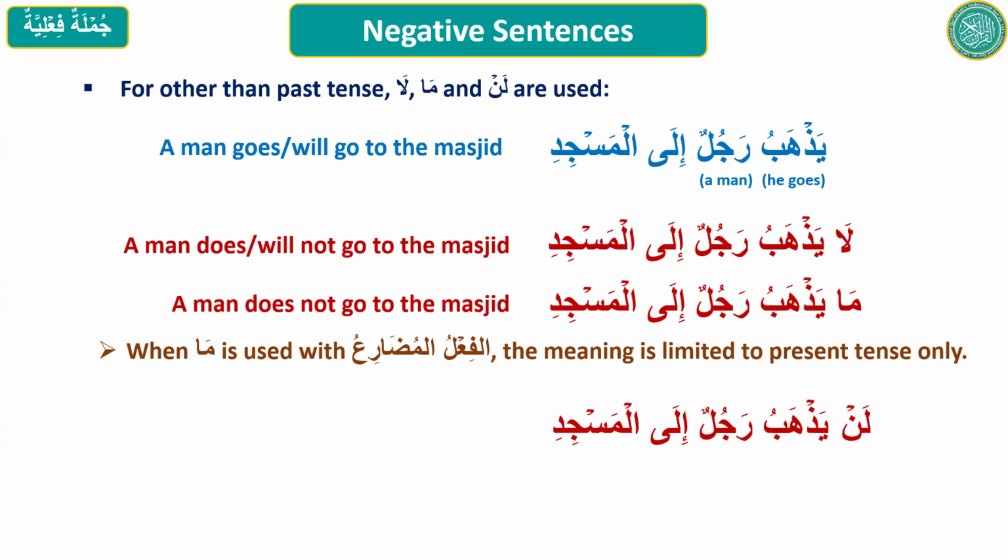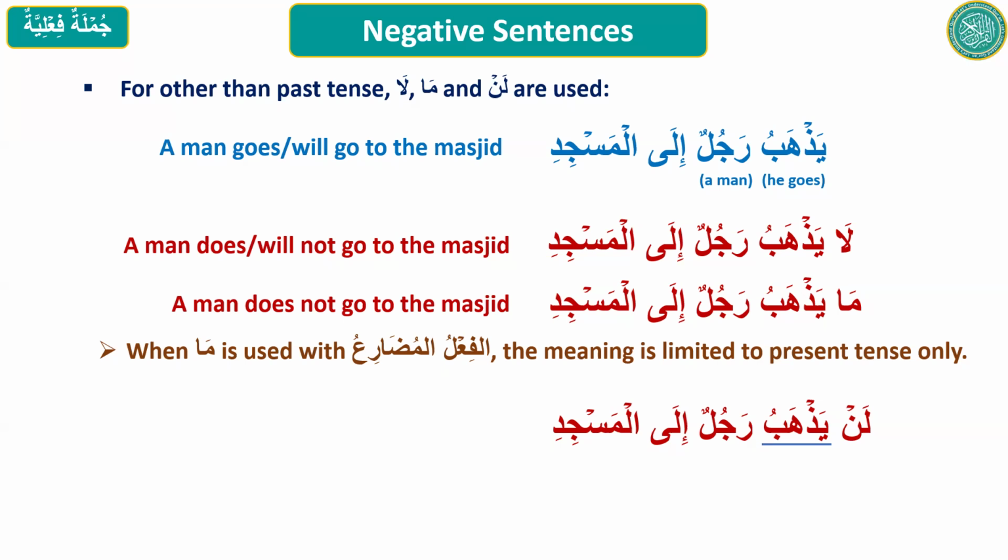And if you look at this sentence now, this is a wrong sentence actually. Because when lan comes, yazhabu can be used with lan, but there has to be a change. We have to make a change to yazhabu, like we made a change when we used lam or lamma. They have to be used with al-fi'l al-mudari, and we removed the haraka on the last letter and replaced it with a jazm, a sukun.